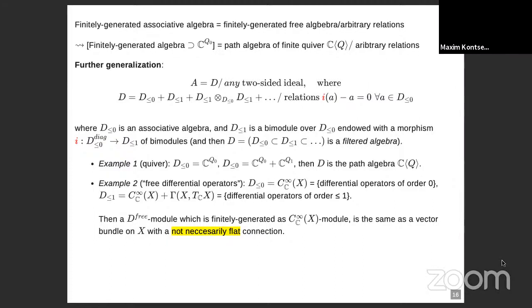Then I can form a kind of free algebra generated by the bimodule: consider D0, D1, and take the product of D1 over D0 arbitrarily many times. It will be the free algebra generated by the bimodule, modded out by relations that the part of D1 which comes from D0 really comes from D0. So these are the relations, and I get a filtered algebra.